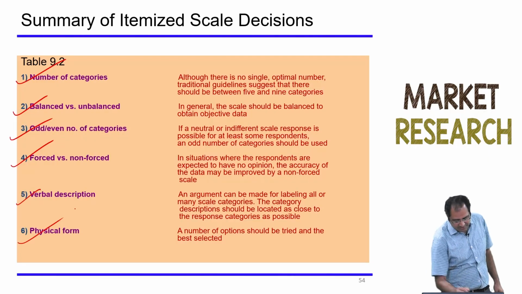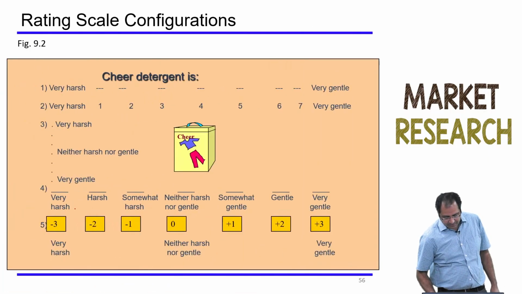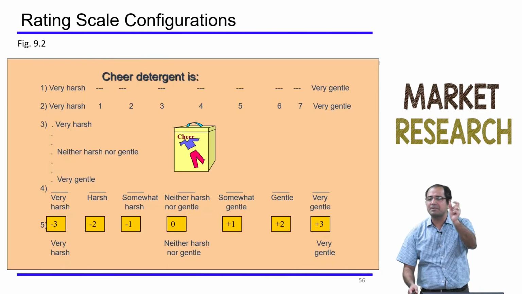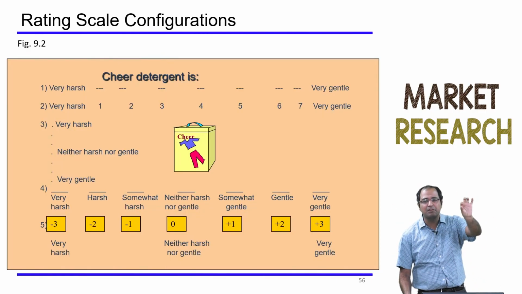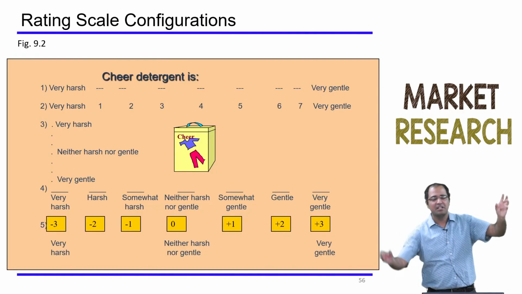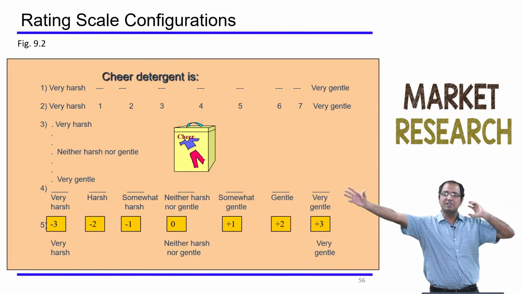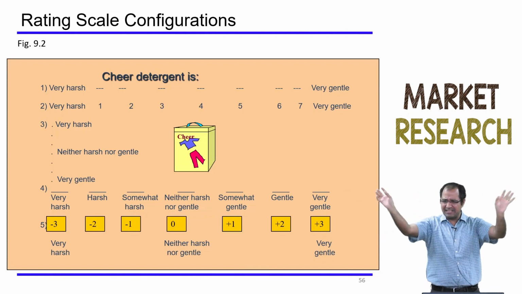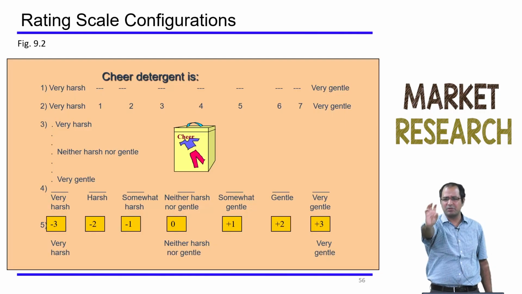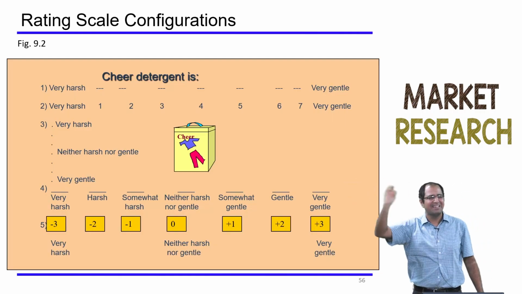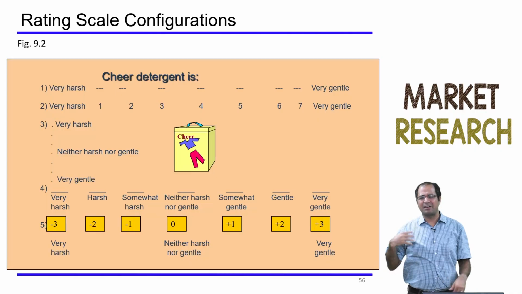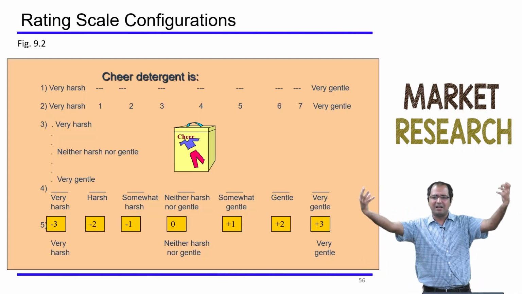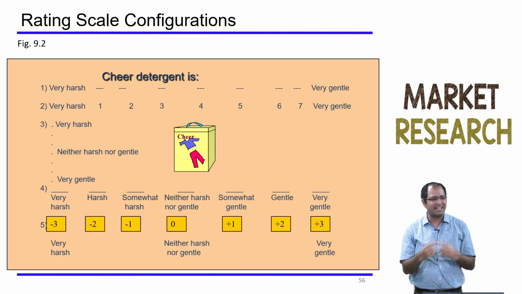Verbal description and physical forms. Verbal description is, do you want to provide description to each and every point, sometimes 1 to 7, 7 you say strongly agree, 1 you say strongly disagree, and in between you do not write anything. Maybe in the center one you can write something, not providing description for every point. So that is verbal description. You can choose to provide for every point, or for end points and the midpoint, and that can vary.